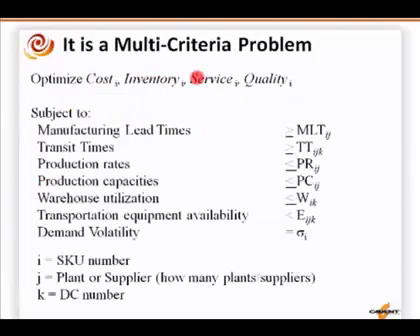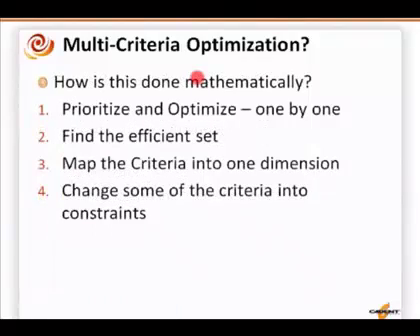I want to optimize cost, inventory, service, quality. I can optimize them one by one. Let's optimize quality first, cost second, go right down the list. That's not the most efficient or effective way to do it. There's something else called the efficient set, which we're not going to get into at all today, but if you want to email me about it, I can send you something you can read.